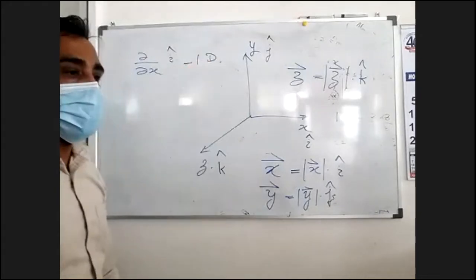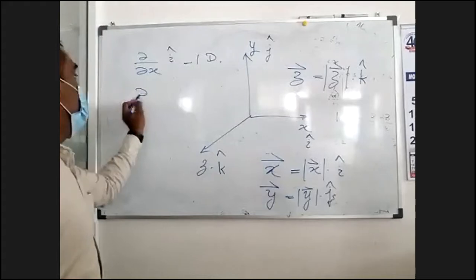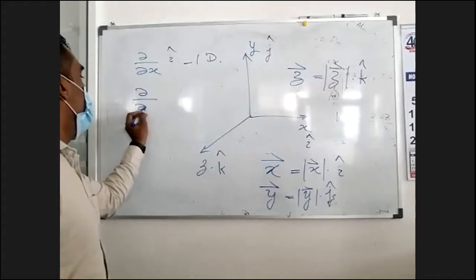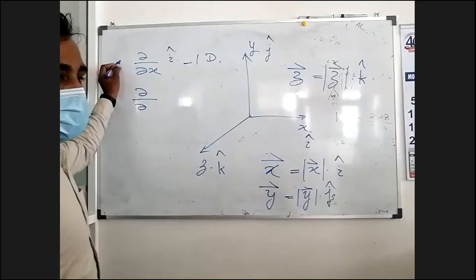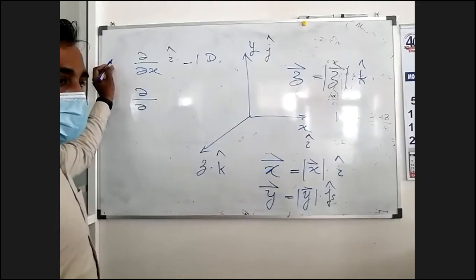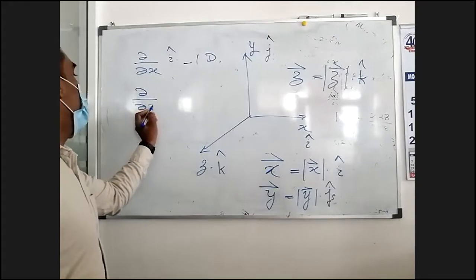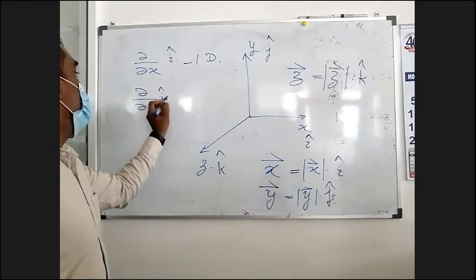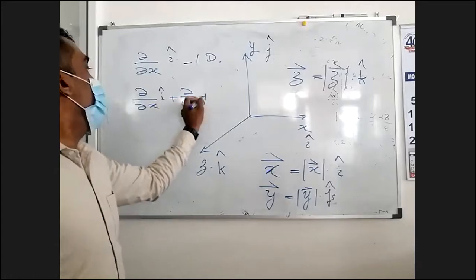But for the 2D case, if we consider the x and y directions, the gradient operator is del upon del x i plus del upon del y j.